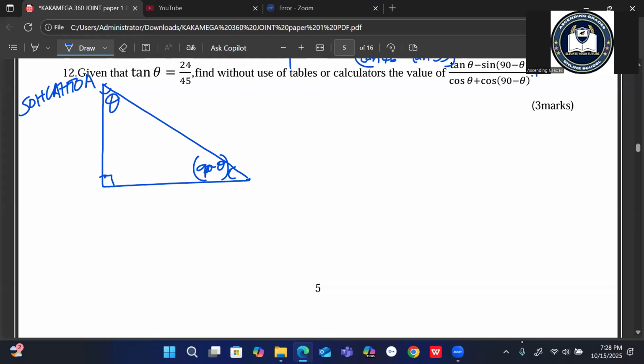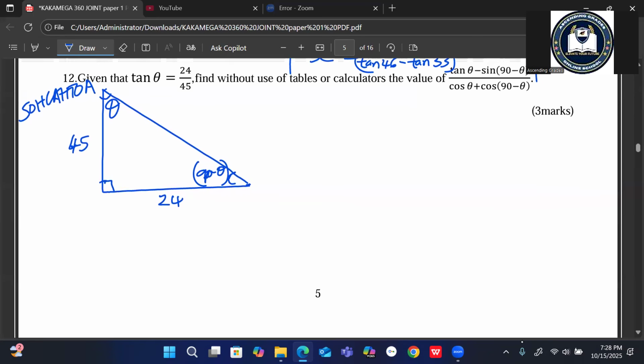So tan theta means opposite over adjacent. So this is our theta. So tan theta: opposite is 24, then our adjacent is 45. So we use 45 and 24 to get from here up to here.